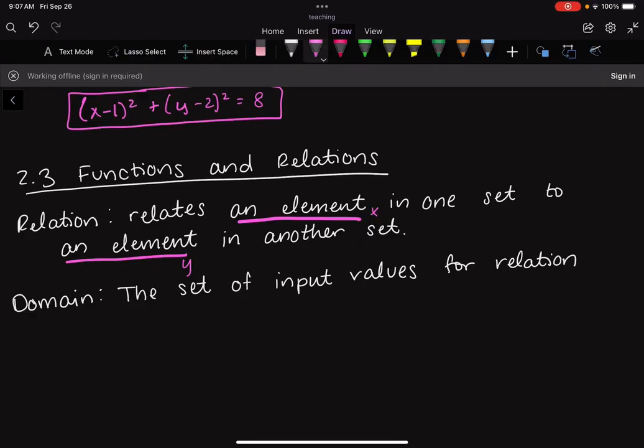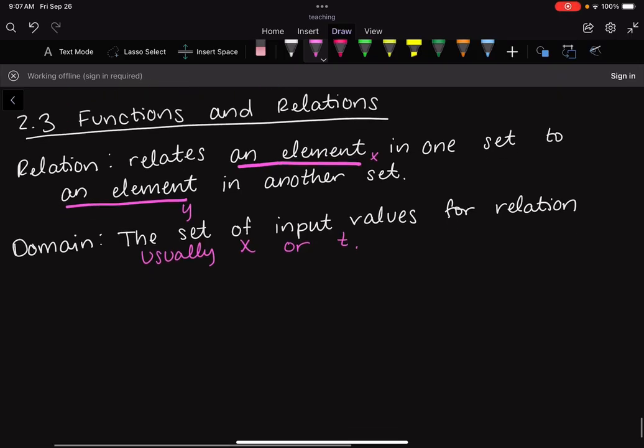Often your input values are x values, but it doesn't have to be x. But I'll say that it's usually x or t or something like that. T is often when you're doing like word problems. If it's based on time, you're going to use t. But usually we're using x's as our domain.